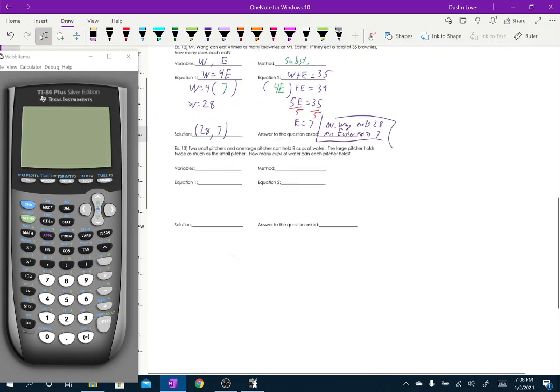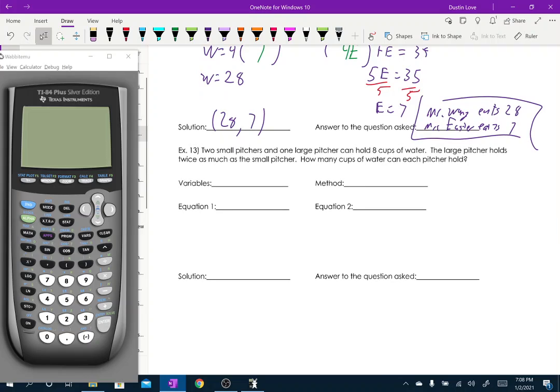Okay, last problem. 2 small pitchers and 1 large pitcher can hold 8 cups of water. The large pitcher holds twice as much as the small pitcher. How many cups of water can each pitcher hold? Okay, so our variables, looks like we got small pitchers and large pitchers.